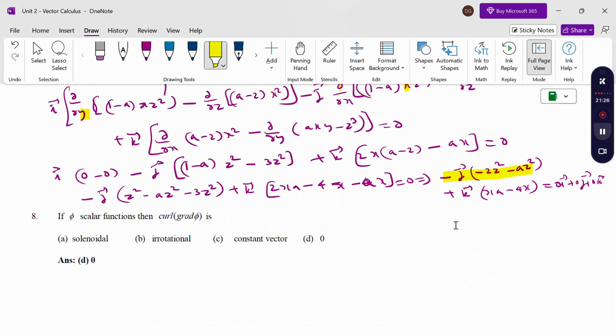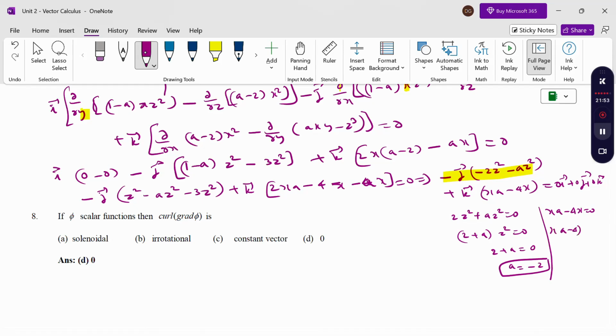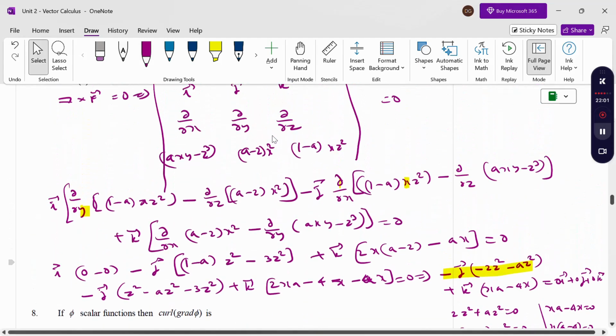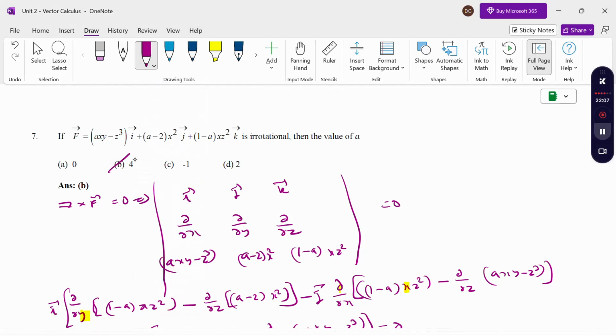So this term 2z square plus a z square is 0, taking z square out, 2 plus a equal to 0, a equal to minus 2. Then the next term xa minus 4x is 0, taking x out, a minus 4 is 0, a equal to 4. Since a equal to minus 2 is not in the options, 4 is given, therefore the answer is 4.